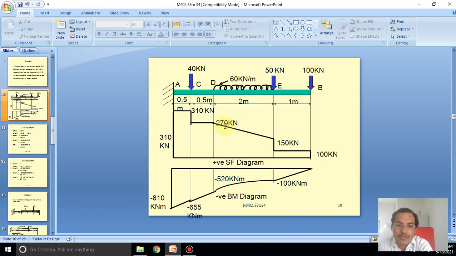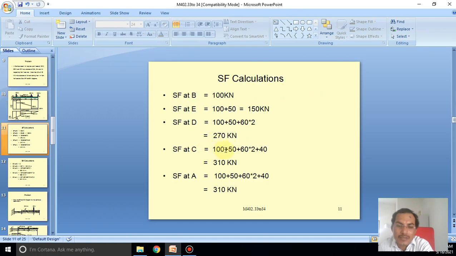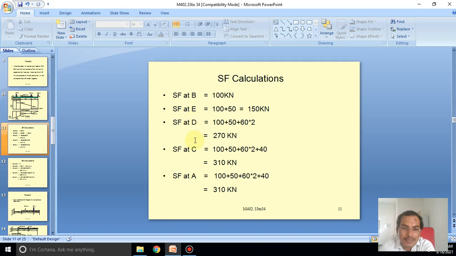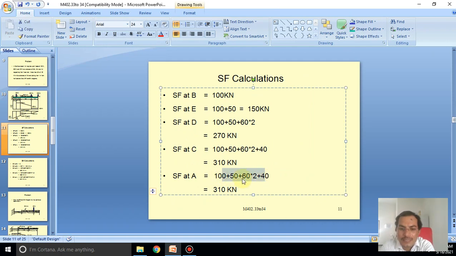And positively it will also be positive, and from D to C we consider the points. So D to C, 100 plus 50 plus 60 into 2 plus also 40, we can calculate 310 kilonewton. Also from D to C at the same level, equal load, and then rising at the C, and C is 310, and C to A 310.